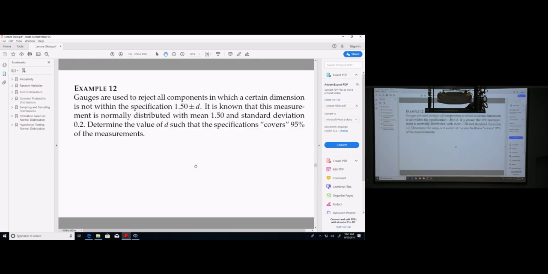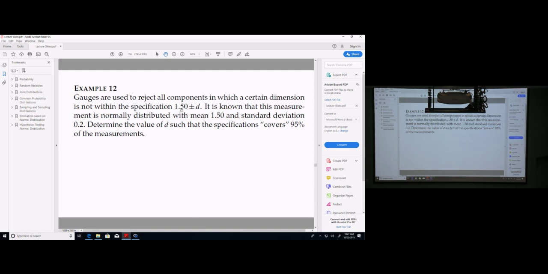And here is something similar. Now, this example is more or less a repeat of what we have been calculating, but it has a little flavor of what we call a confidence interval, in a way. So gauges are used to reject all components in which a certain dimension is not within the specification.